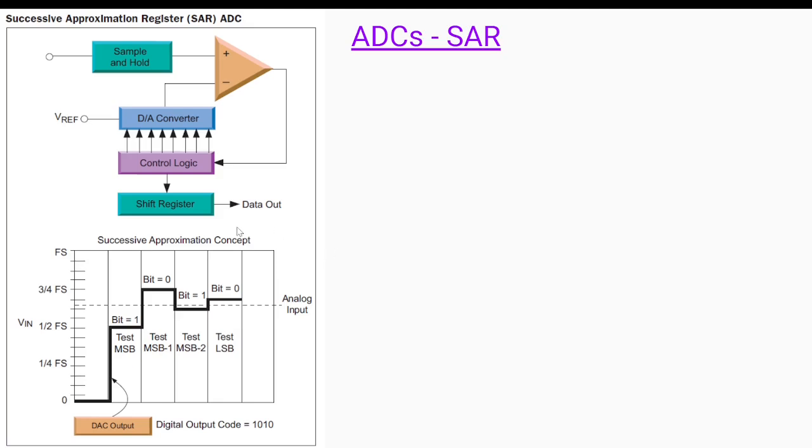So I do expect you to be able to draw this circuit. Okay, very important. I can ask you in the exams what the common blocks in a SAR ADC are, so you should be able to produce something like this.